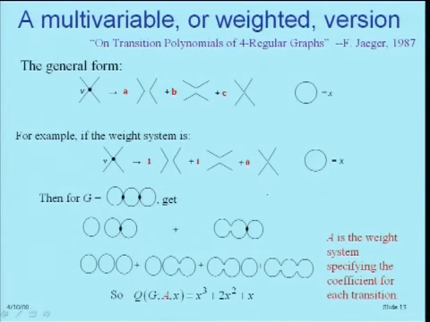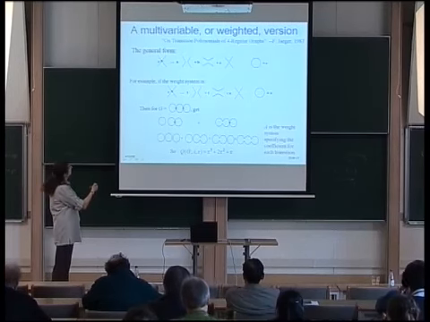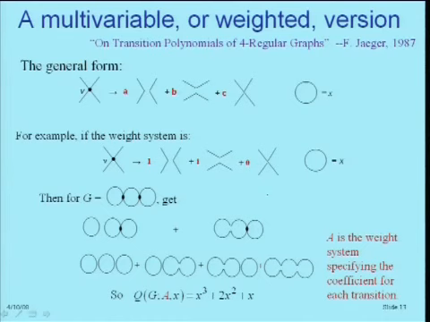Okay, and it's always sort of nice to have little examples. So we'll have a little example. If I assign a weight system to a vertex that assigns a value of 1 to non-crossing states and a value of 0 to a crossing state, if I take this graph and split at this vertex, first this way with a coefficient of 1, then this way with a coefficient of 1, then the other way with a coefficient of 0, you get these two.